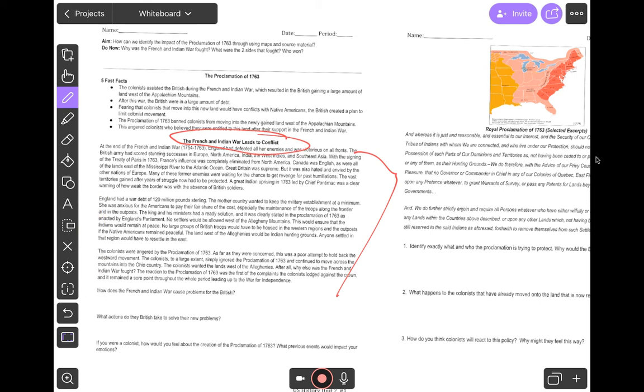This is really focusing on connecting Unit 1 into Unit 2. So think about those connections. What's happening from what we talked about in Unit 1, and how is it impacting the relations between the British and the colonists? You have some analysis questions down below.